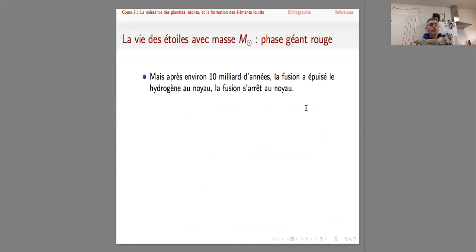Okay, that's the main sequence. The sun will spend about 10,000 years in this main sequence, fusing hydrogen to helium in its nucleus. What's going to happen at the end of 10,000 years? So about 5.2 billion years from now.